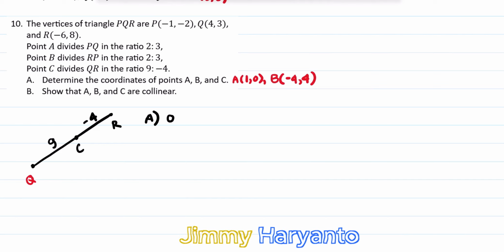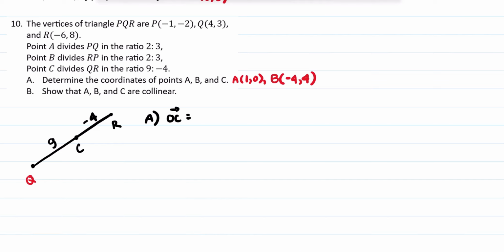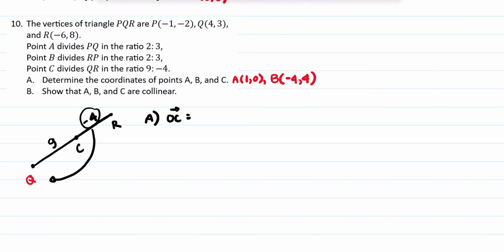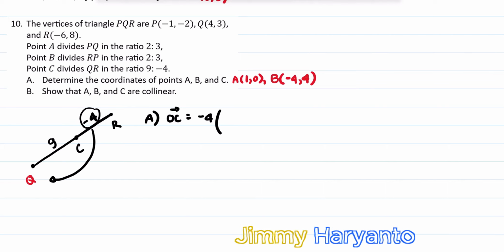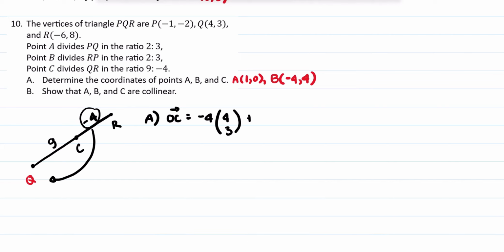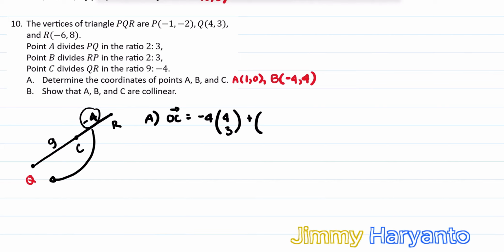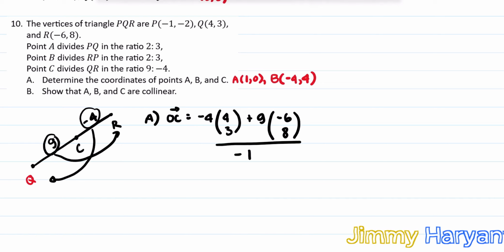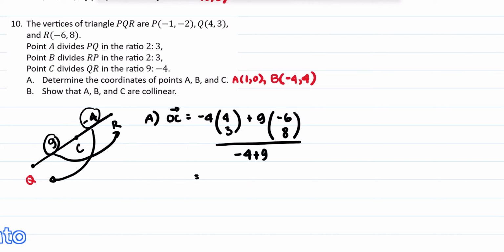Next, to find the coordinate of OC, we'll do the same method, which is -4 times OQ, -4 times 4 and 3, and then plus 9 multiplied by R. 9 times R is -54 and 72, over -4 plus 9.